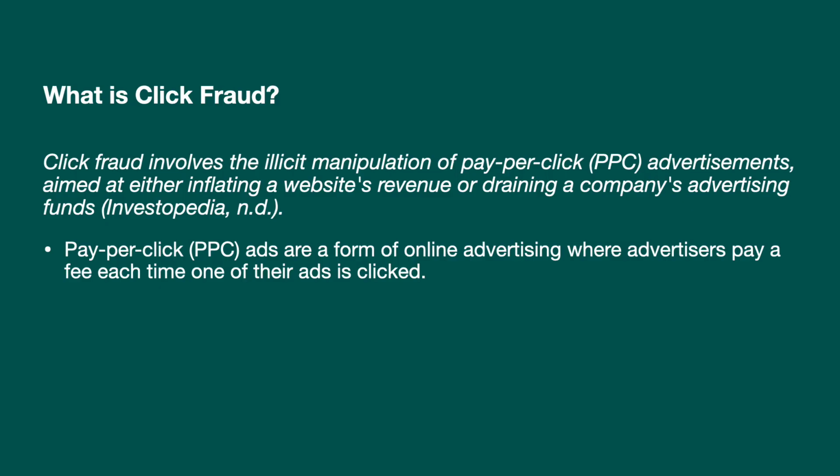And what is pay-per-click? Pay-per-click ads are a form of online advertising where advertisers pay a fee each time one of their ads is clicked. Essentially, it's a way of buying visits to a website rather than earning those visits organically.